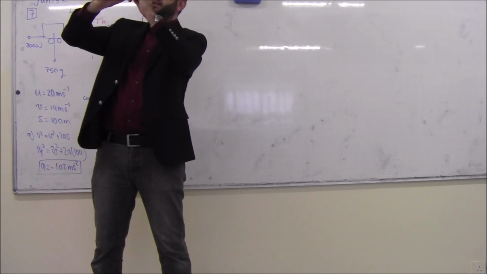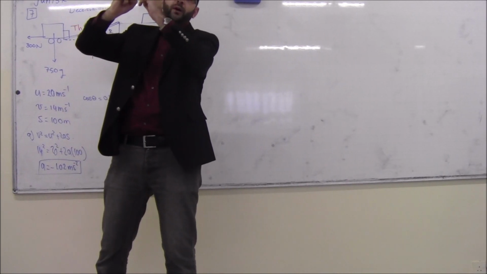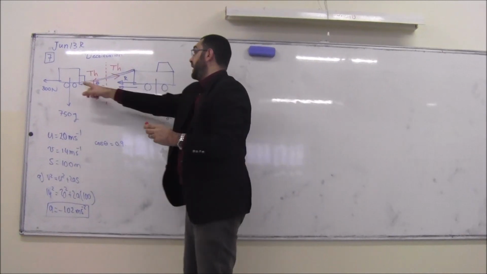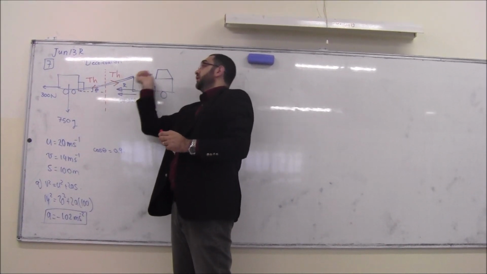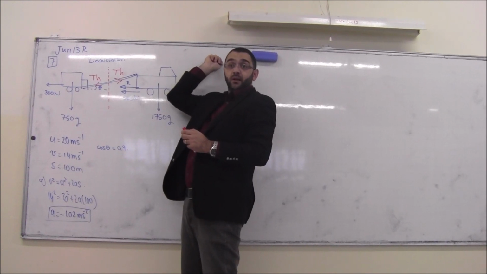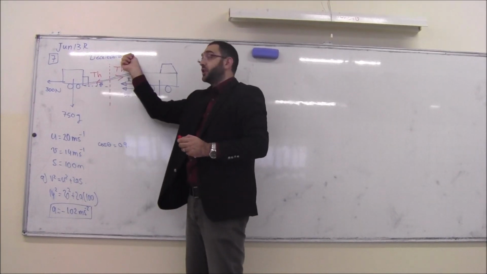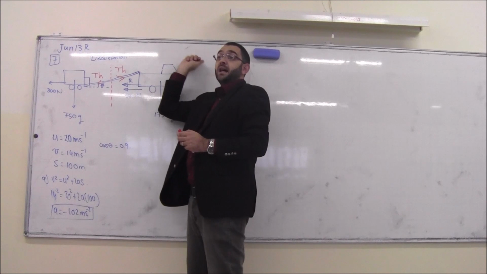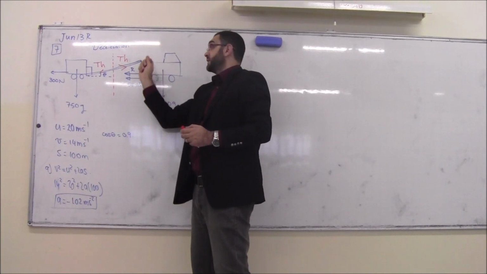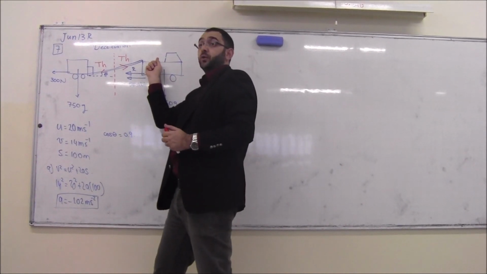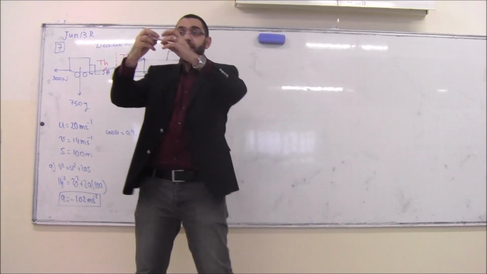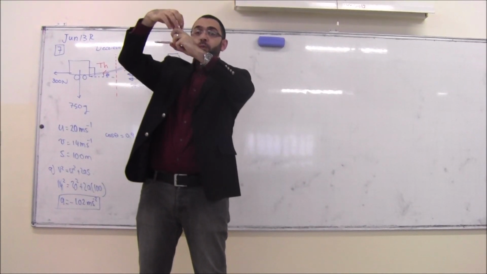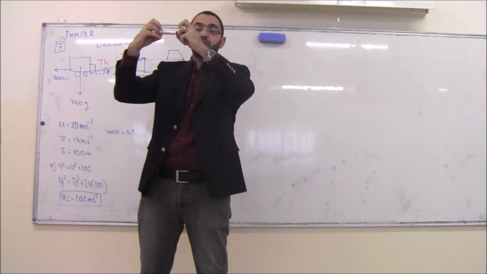So if the car is continuing its motion forward by 20, it will push the tow bar in this direction. As a result of that, the truck will push the car in the opposite direction. Again, this is the truck and this is the car.